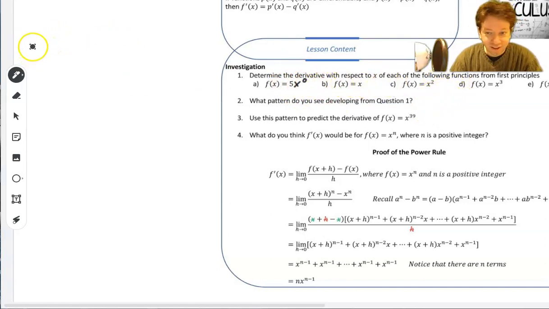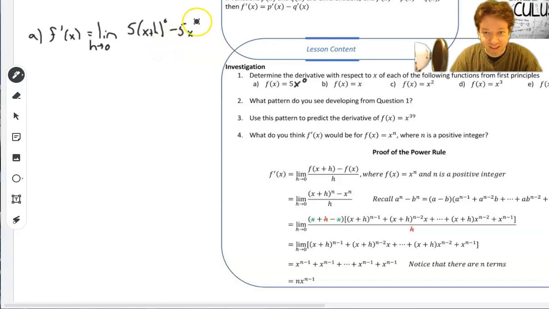All right, so for a, f prime of x, or a derivative of x, is going to equal the limit as h approaches 0 of 5 times x plus h to the power of 0 minus 5 times x to the power of 0 all over h.